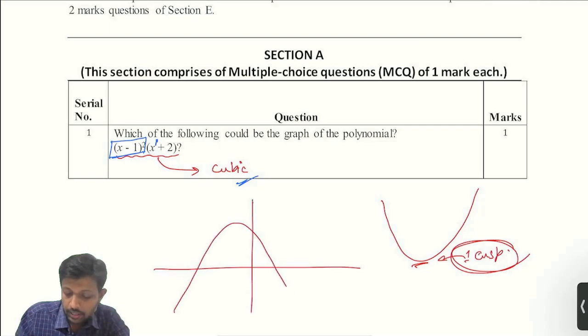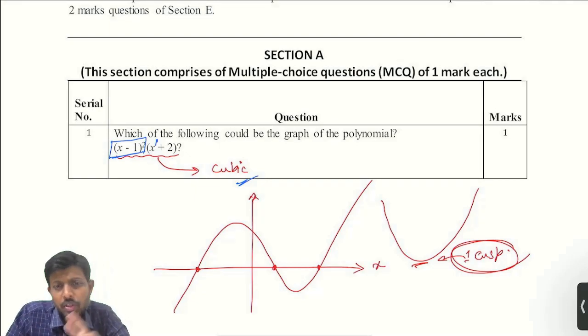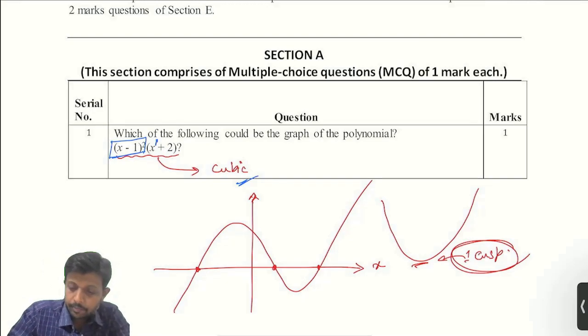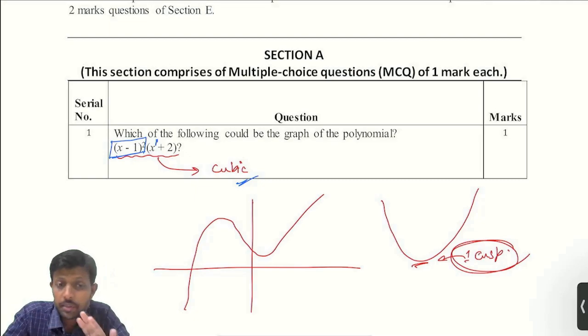So it would be something like this. Sometimes it may intersect the x-axis at 3 points exactly, or sometimes just 1 point, something like this. Okay, this is also a cubic equation. This also represents a cubic polynomial.